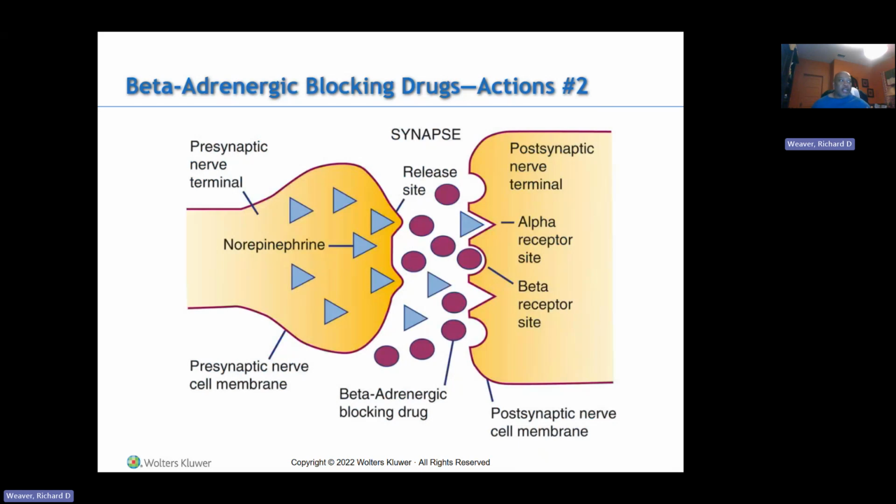So again, just think about several of these leading to the organ itself, and between these nerve cell membranes, if you will, between them you got the synapse space or areas, right? And so the beta adrenergic drugs actually blocks that transmission. It doesn't allow it to jump over to the next nerve. All right. So hopefully that kind of gives you an idea of what I'm talking about.